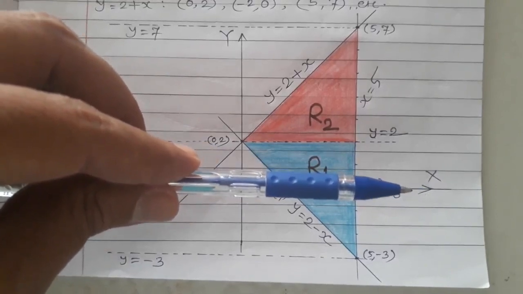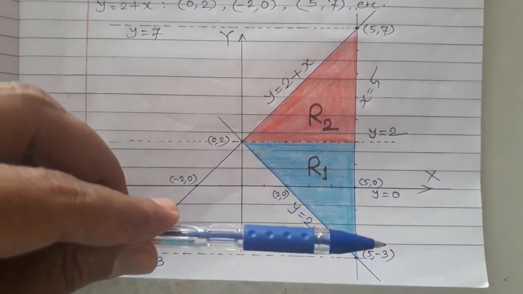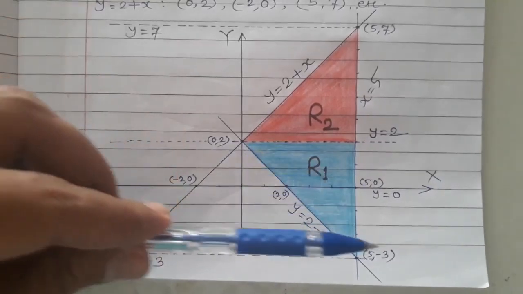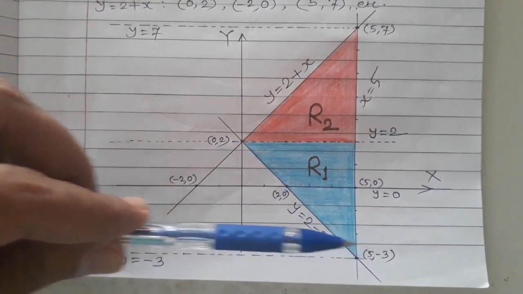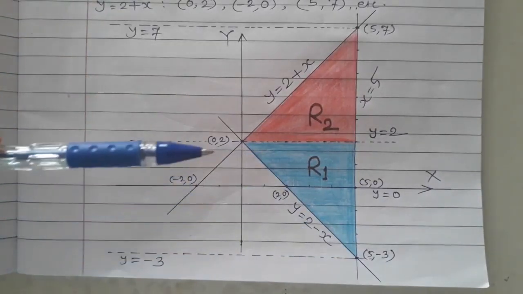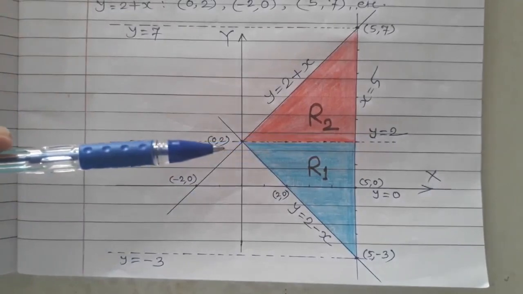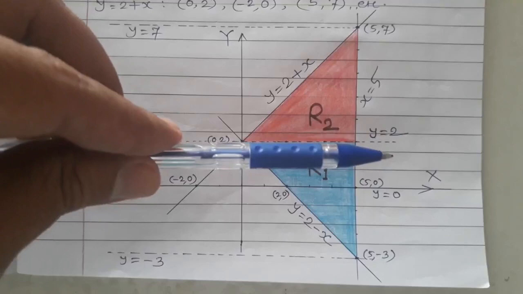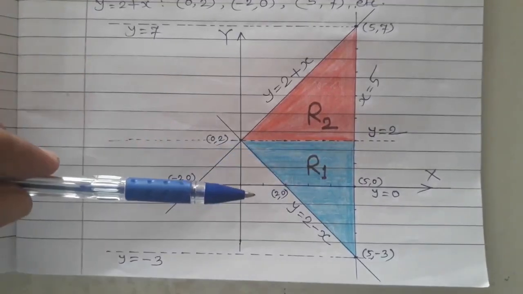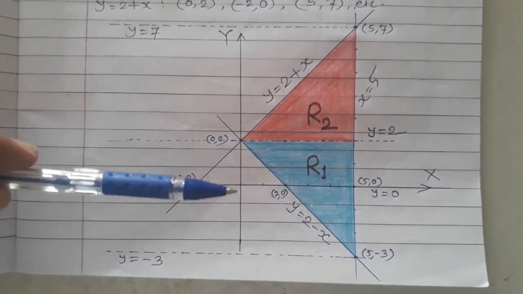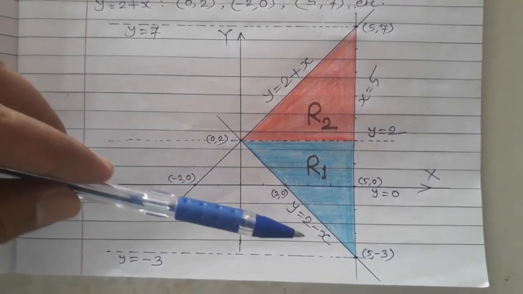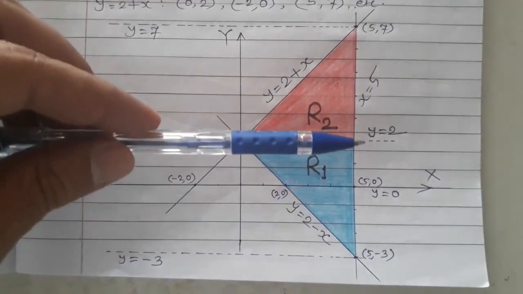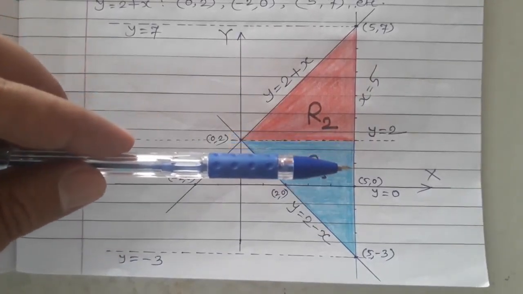And for the limits of y, the range of the bullet should be from this to this, so that it will cover the blue color. But this line actually passes through the y coordinate minus 3, that means y equals to minus 3, and this line passes through the y coordinate 2, so it is y equals to 2. That's why limits of y are minus 3 to 2. That's why for R1 region x equals to 2 minus y and x equals to 5 are the limits of x, and y equals to minus 3 to y equals to 2 are the limits of y.